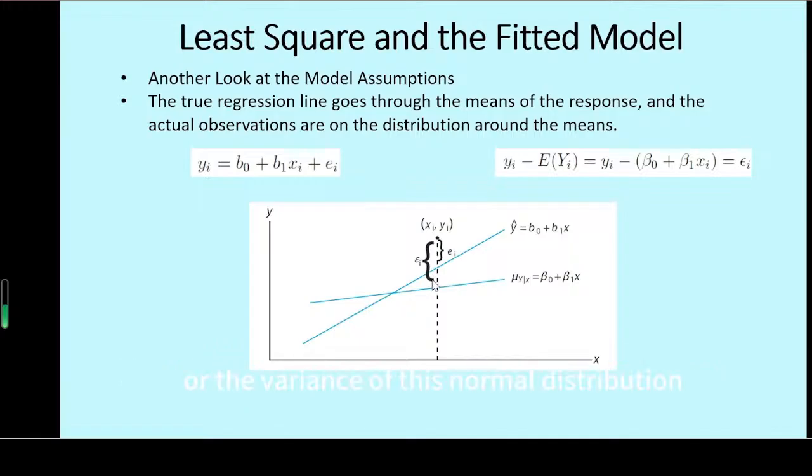And if we add this epsilon, then here will be the real y. So epsilon follows a normal distribution with variance sigma square, which means the real value y also has variance sigma square, because beta 0 plus beta 1 times x is the deterministic term, plus a random term epsilon. So the y value will follow this normal distribution.